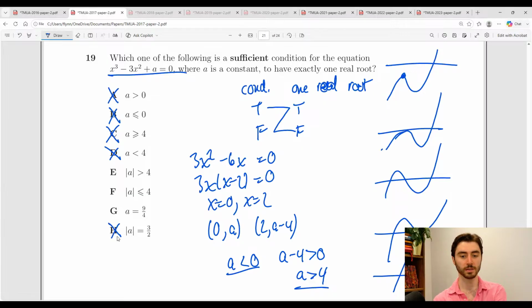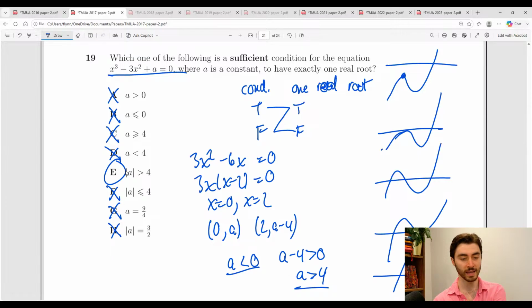Here, h does not count because a is not bigger than 4. Here, a equaling 9 over 4, sorry, that is 2 point something, does not count. A is not bigger than 4. Here, modulus of a being less than or equal to, nope, because a equals 1 would count.